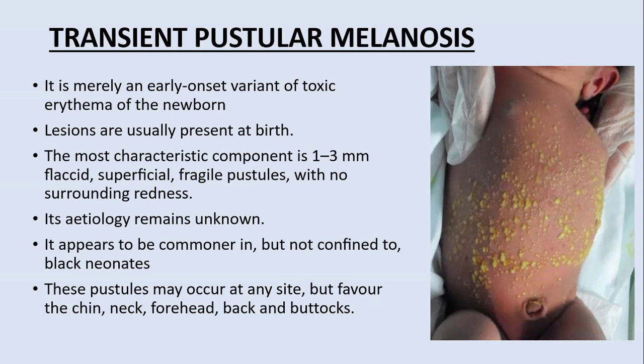And secondly, it is not associated with surrounding erythema, which is similar to Miliaria crystallina but different from toxic erythema of newborn. Etiology is unknown, but it is commoner, though not confined to, black or colored skin neonates. These pustules can occur at any site but favor the chin, neck, forehead, back, and buttocks.